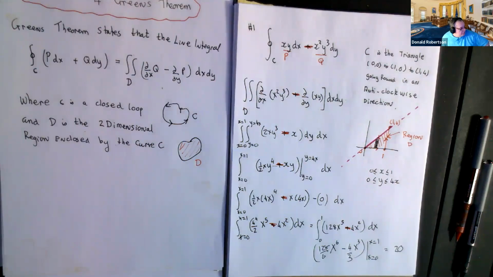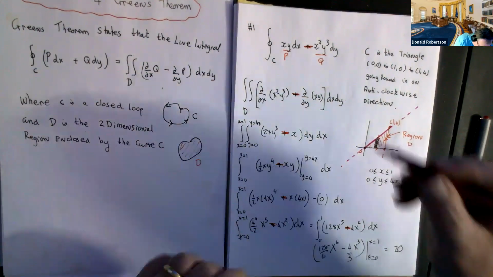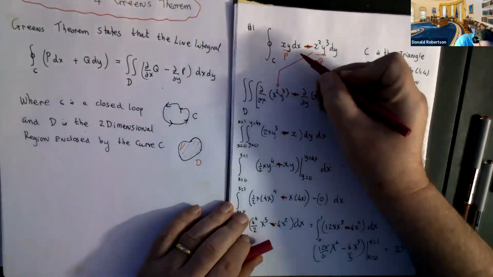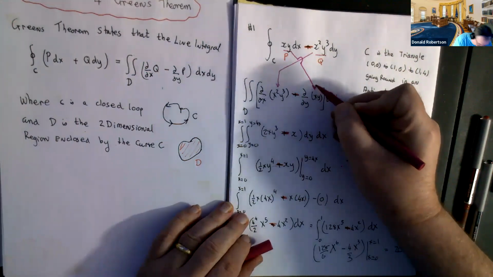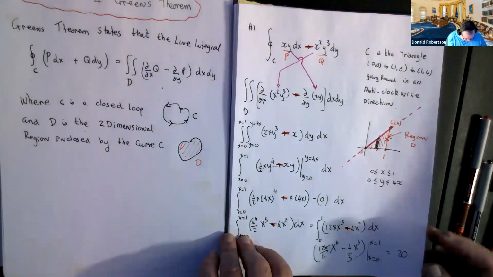I think we're good. Double check I got it the right way around. Yes, I did. So have you noticed there's a kind of crossover thing? This guy goes here and that guy goes here. So it's kind of back to front, but that's the way it works.